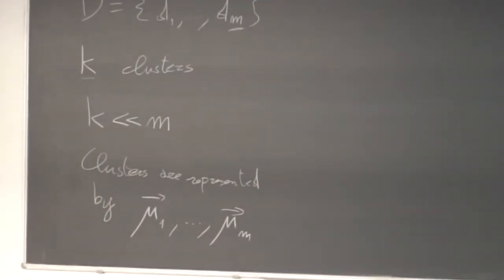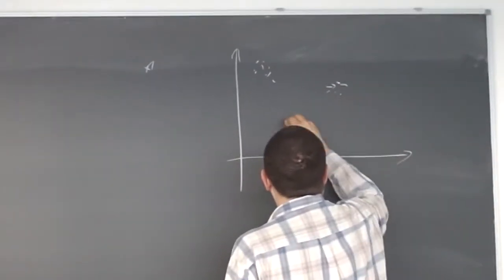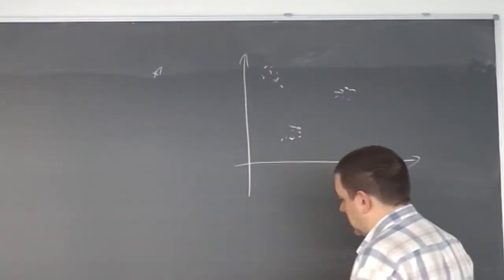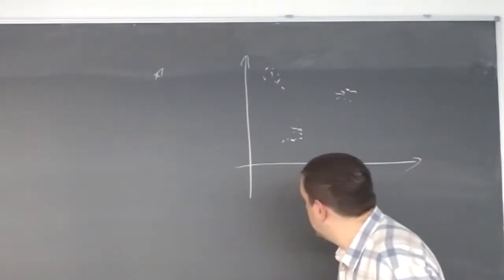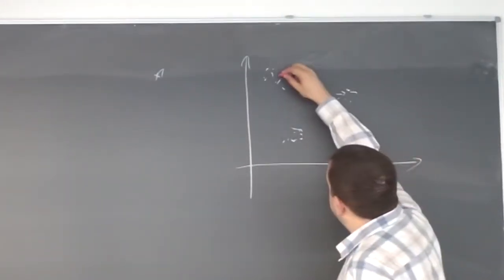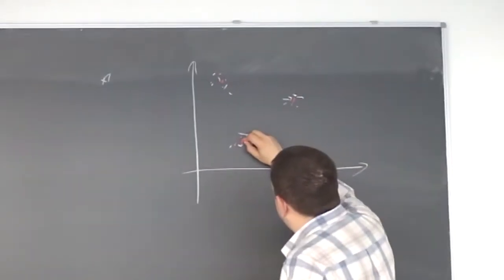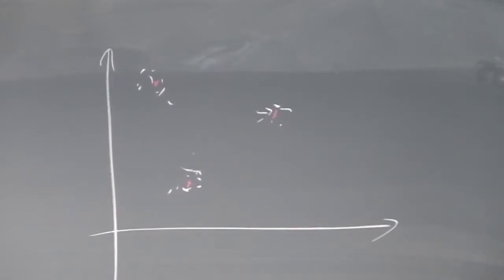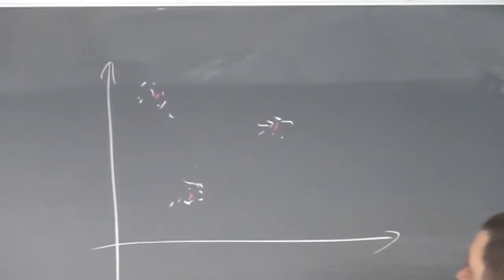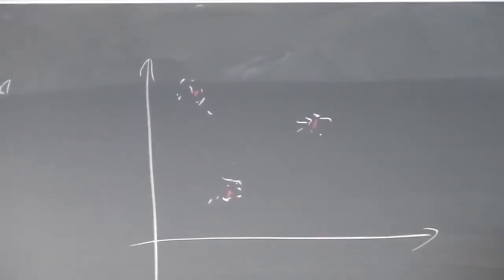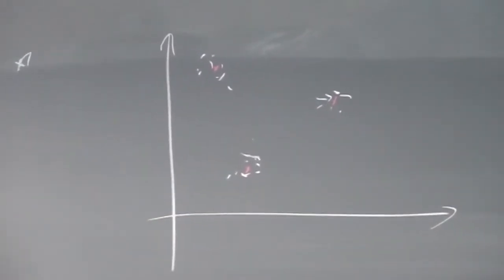And the idea is that if we have some groups of items like this, we want our cluster to be represented by vectors that are central to each of the groups. So our clusters are placed in the same space as the elements.